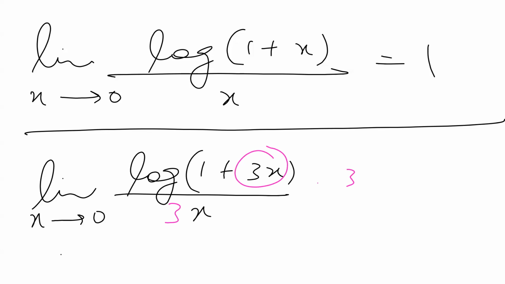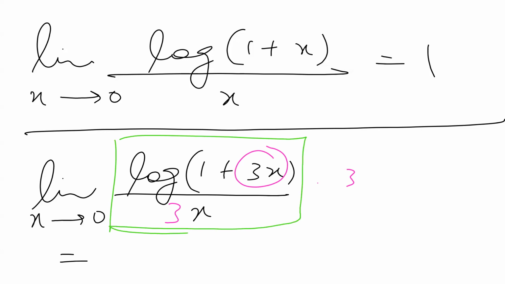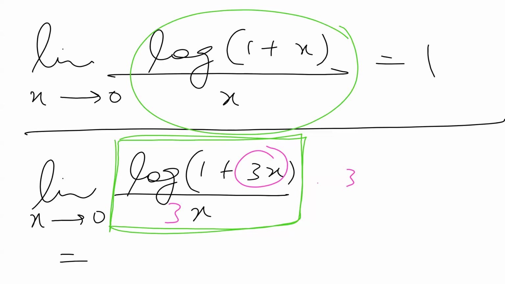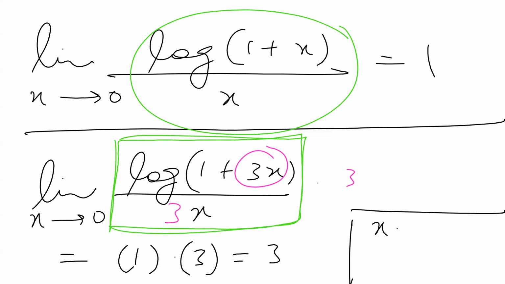So this part, as per this formula, will be 1. Into 3, which is 3. As x approaches 0, 3x will also approach 0.